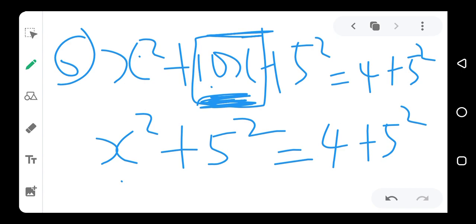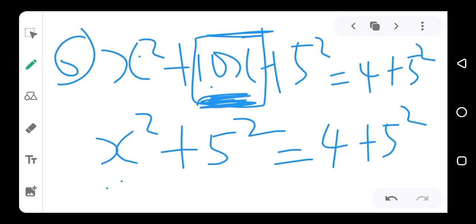Now the next step is to factorize the left hand side. Step 7, factorize the left hand side so that everything will be in one common bracket.